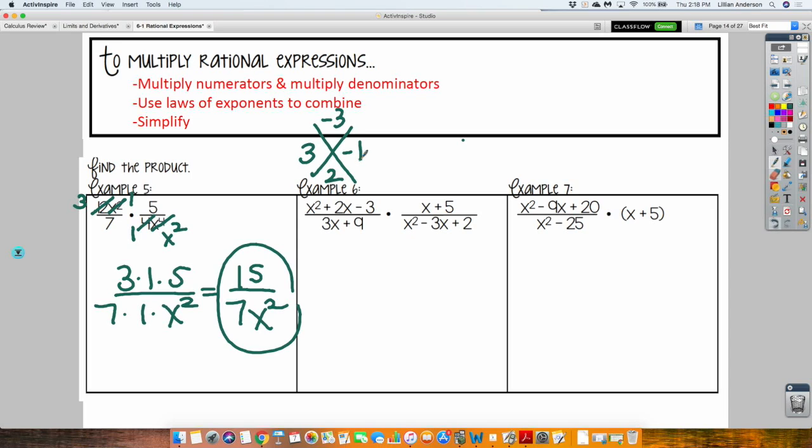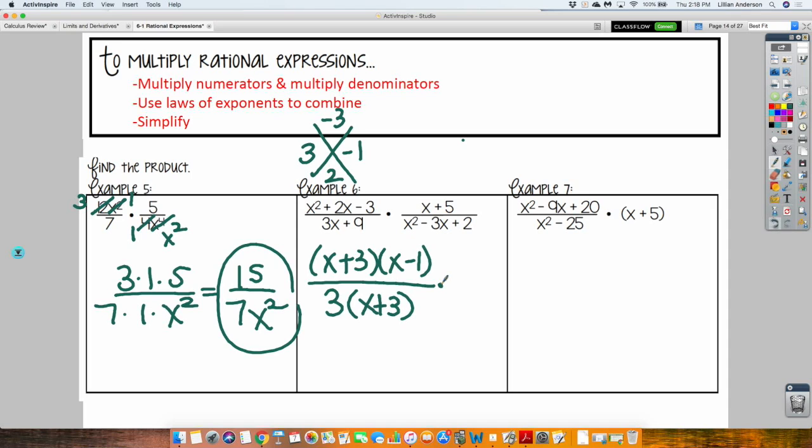So the top of this first fraction turns into x plus 3, x minus 1. What about the bottom? How can I factor that? Take out a 3. 3 is called your what? Greatest common factor. When I take the 3 out, what am I left with? x plus 3.